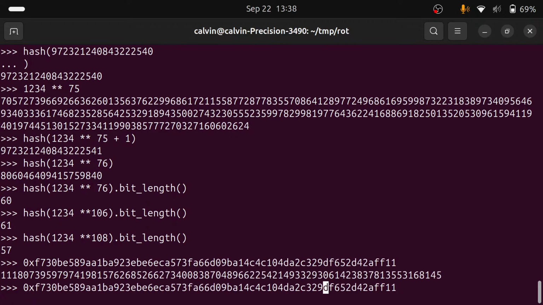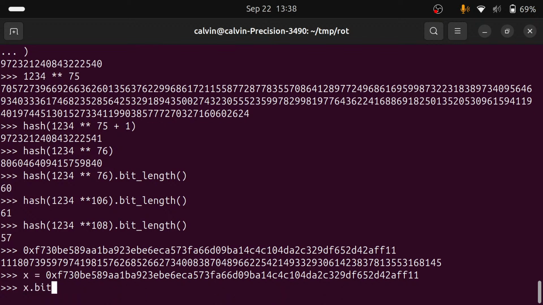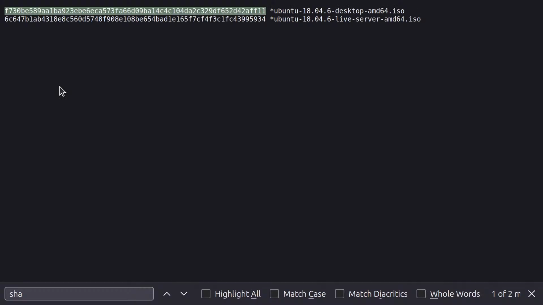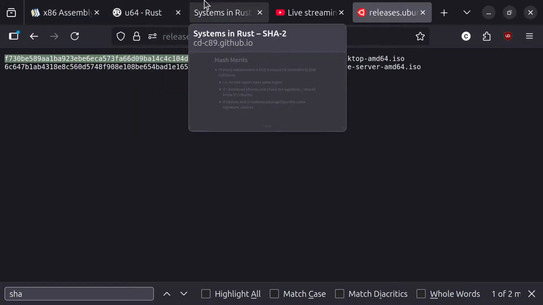That looks right. Okay. Now if I set this equal to x, length. So that is a 256-bit value. We don't have to think of it as an integer. It's not really an integer. Really, it's a collection of bits, but it's an ordered collection of bits, so we express it as a hexadecimal value. Okay?